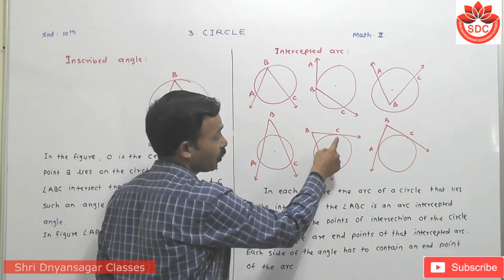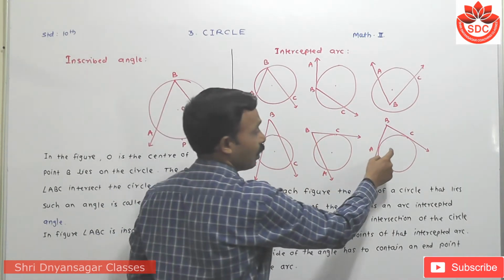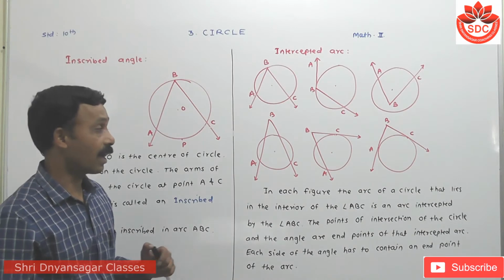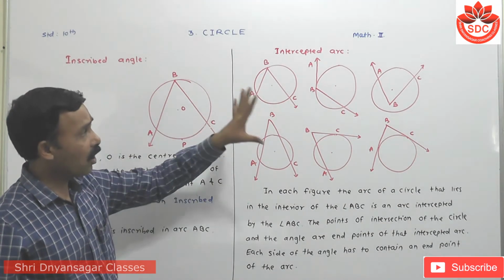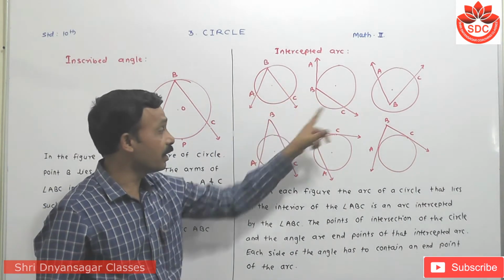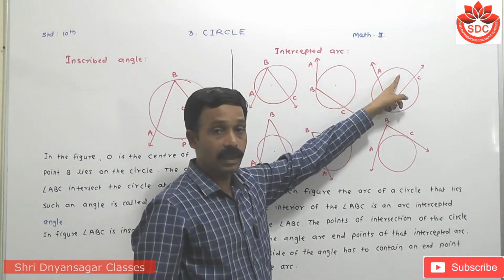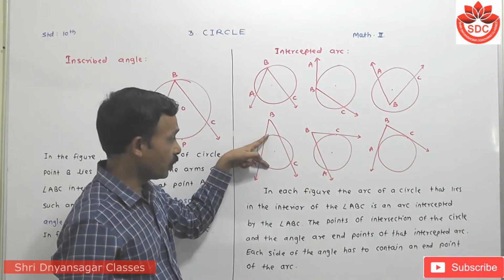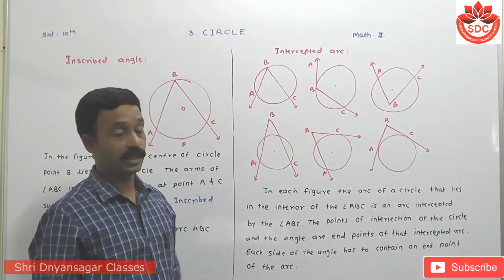In this also 2 portions, this part and this part are intersected. And in this, the total circle is intersected by angle ABC. So all of these arcs are intersected arcs. Now here only one arc is intersected, but look at this 3. There are 2 arcs. Here also 2 arcs, and here the whole circle is intersected.